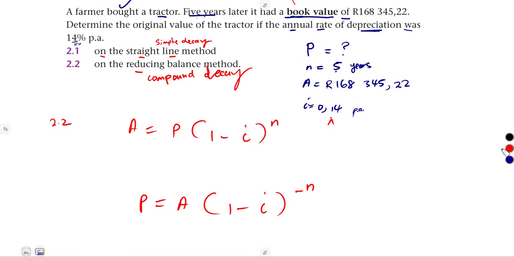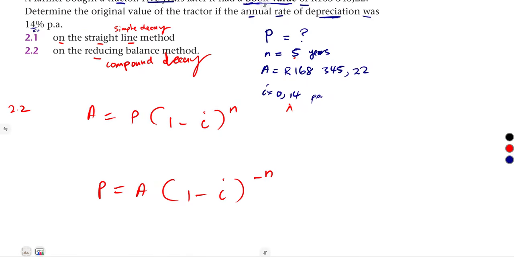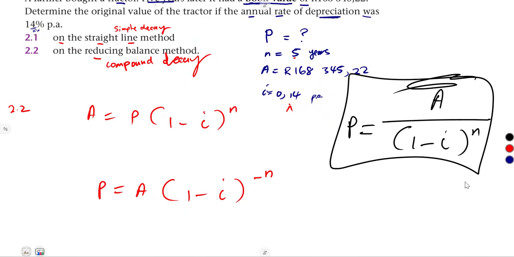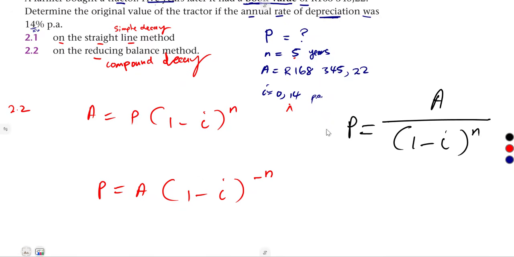Or, guys, mathematics is in your hands, you can just divide as it is. P is equal to A as it is over 1 minus i to the exponent of n. Nothing is wrong with that. You insert your values.